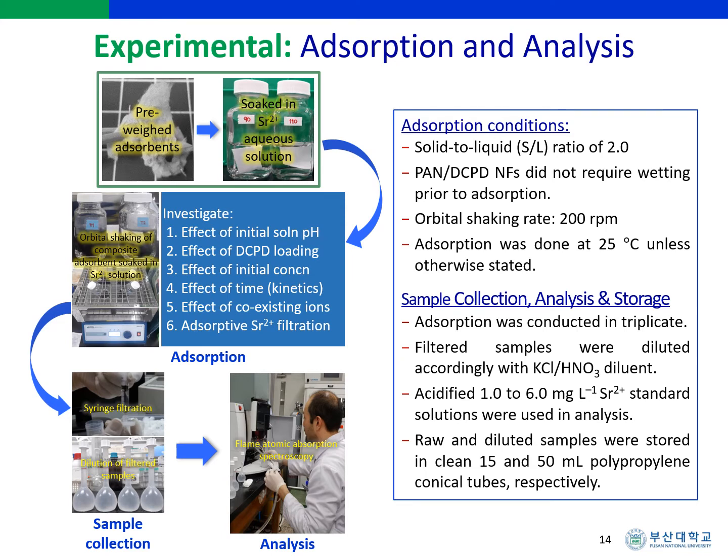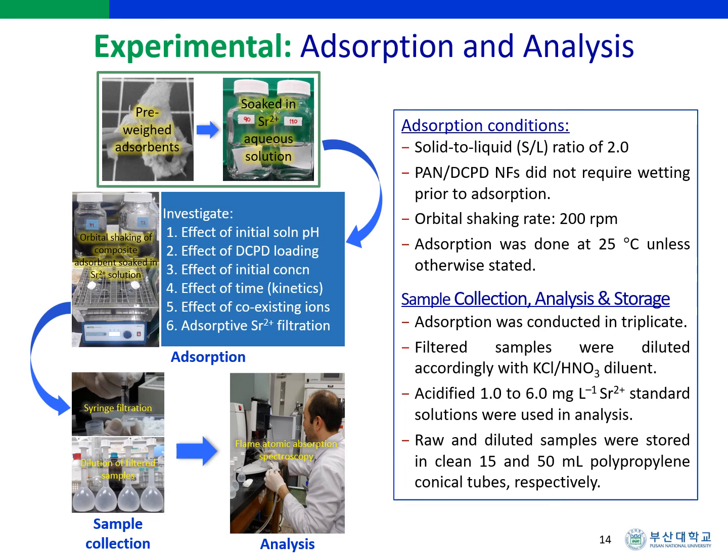A circular PAN DCPD-NF membrane with an effective diameter of 25 mm was mounted on a polypropylene filter holder. The membrane assembly was then connected to a polypropylene syringe with aqueous strontium feed, or initial concentration of 10 ppm.